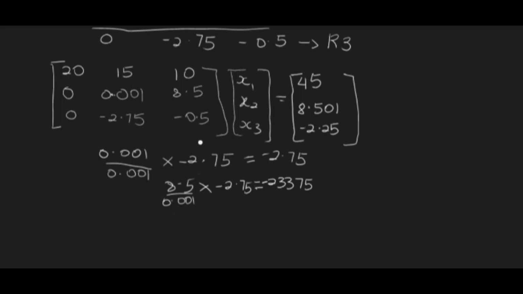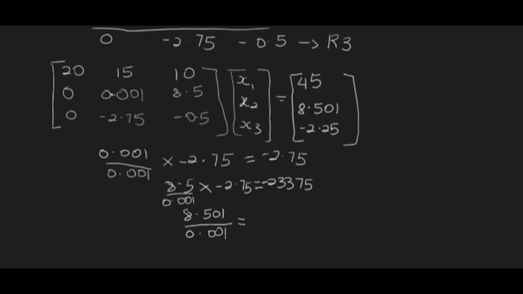Then finally we divide. For this side too, we are going to divide this 8.501 all over this one once again. That is, you are dividing the whole row across to this side. 0.001, and that is going to give us what? So when you divide, you multiply by negative 2.75. Take note.